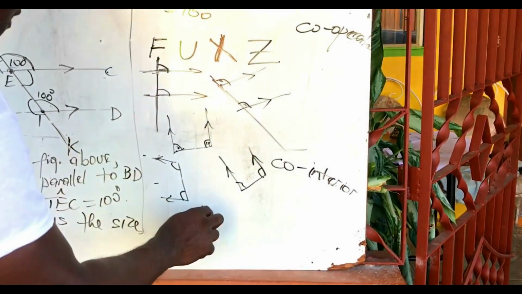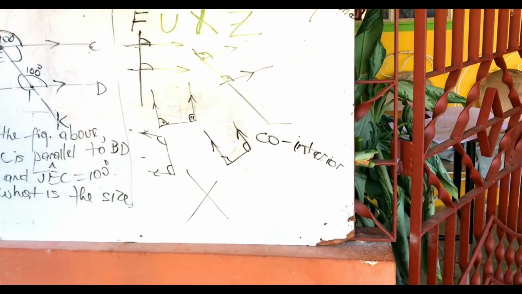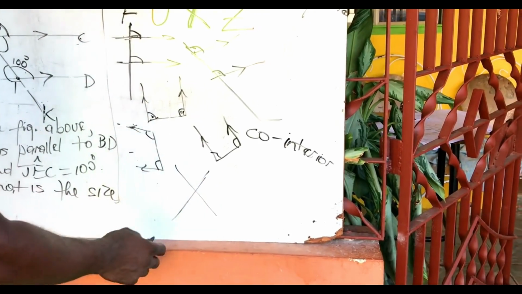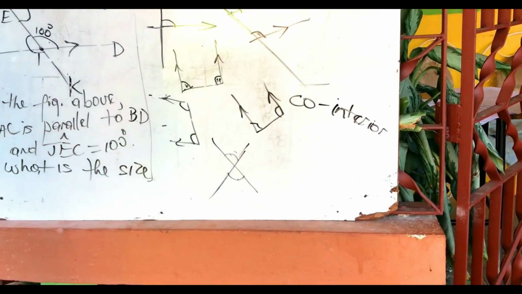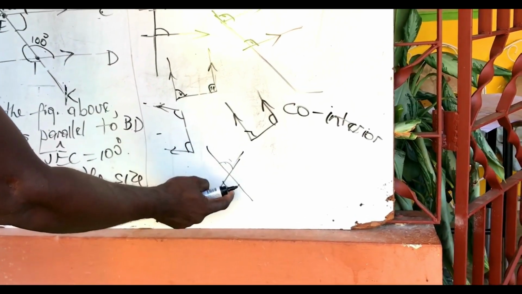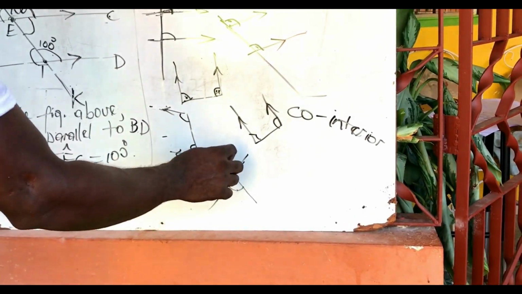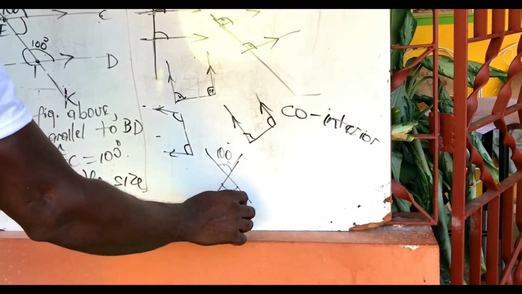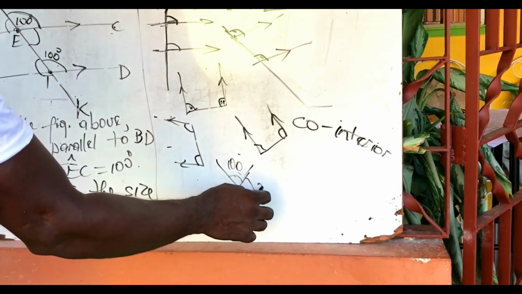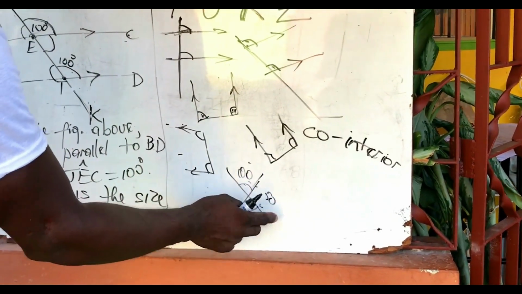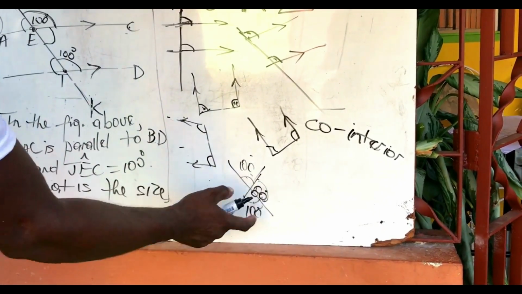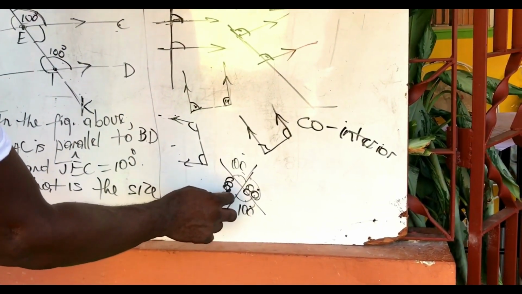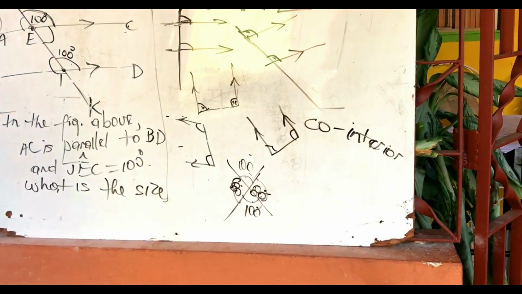Now, in terms of the X, you could get an X angle. So in X, they are referred to as vertically opposite, and vertically opposite angles are equal. So if this is 100 degrees, then this is also 100 degrees. If this is, say, 50 degrees, sorry, this wouldn't be 50, this would be 80 degrees, because angles on a straight line measure 180, so this would also be 80 degrees, vertically opposite.